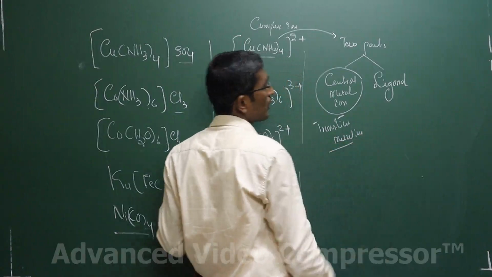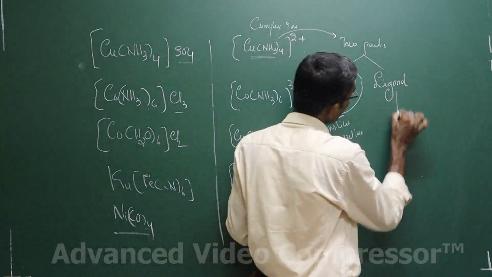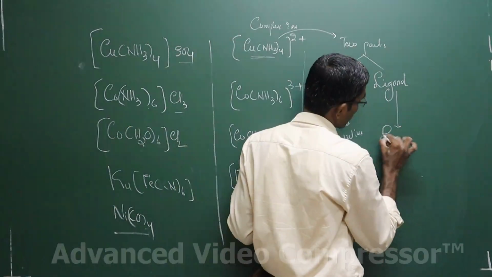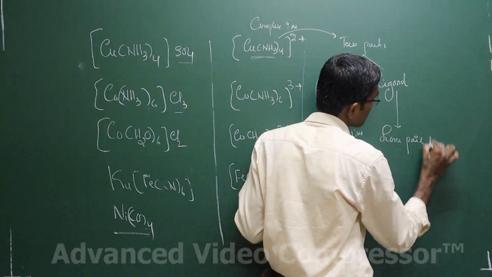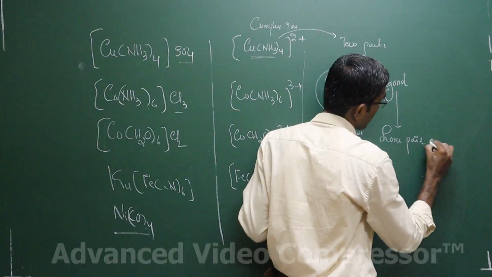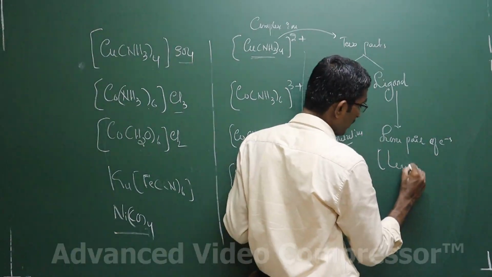Whereas the ligand is basically one which has a lone pair of electrons, or one which is a Lewis base. Ligand is a Lewis base.